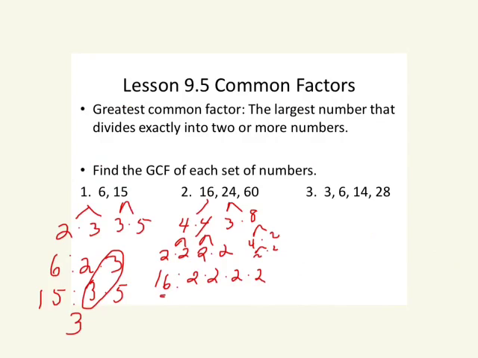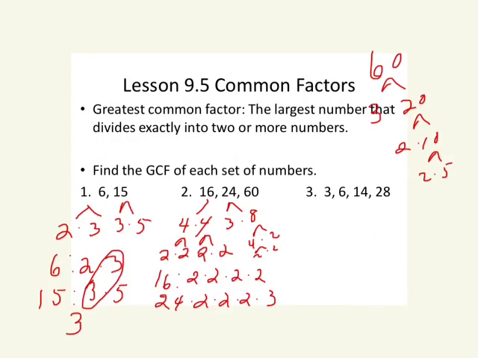So then 24 is 2 times 2 times 2 times 3. Now we have 60. So 60 is 3 times 20, 2 times 10, and 2 times 5. So then 60 is 2 times 2 times 3 times 5.